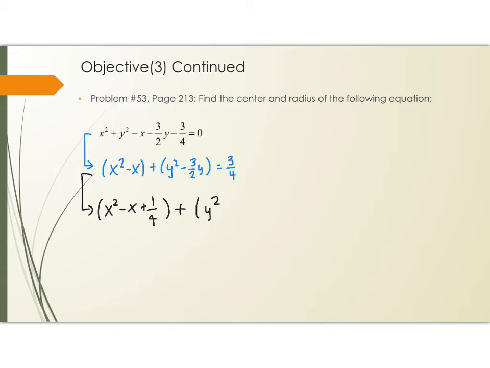Y squared minus 3/2 y, right? Now I take half of this, so that's 3/4, and I square it, so now I'm going to get 9/16. I have to add 1/4 because there it is, the 1/4 I had to add, and I have to add 9/16.